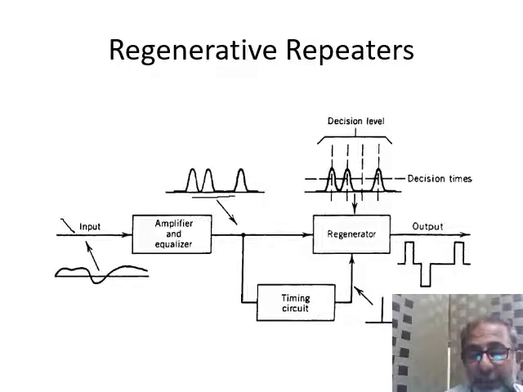After that, we have a timing circuit and the regenerator itself. It generates the signal after making a particular decision based on the value that we have equalized, and after that it is converted into a line code to put on an output.